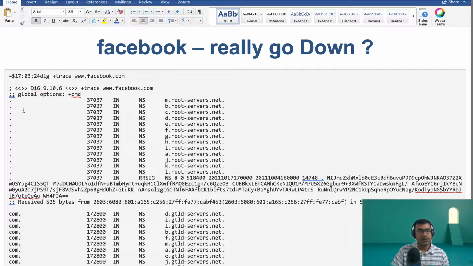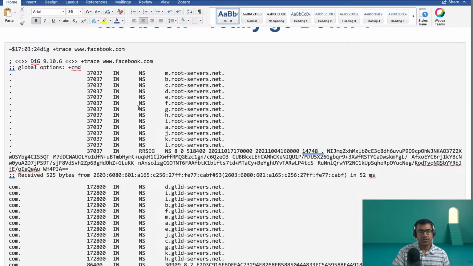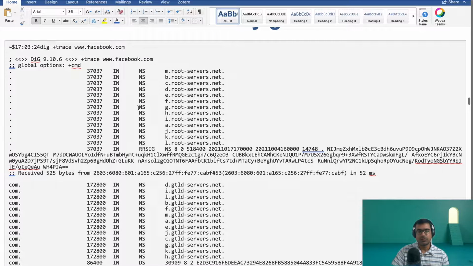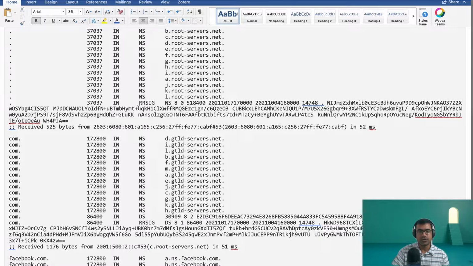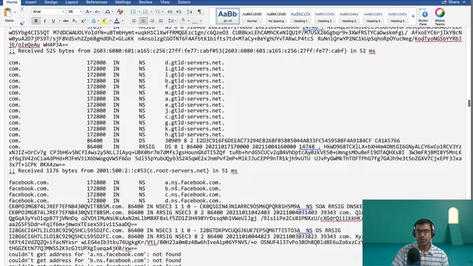All right, so as you can see on my screen, at 5 p.m. EST I did a dig +trace for Facebook, and all my root servers are returning nothing, and it pointed me to a.ns.facebook.com. So Facebook is maintaining their own authoritative DNS servers, and the TLDs are pointing me to Facebook's authoritative server, and now I'm querying the Facebook authoritative server.